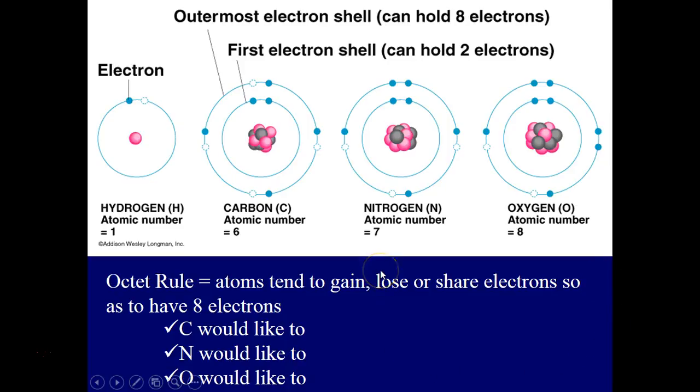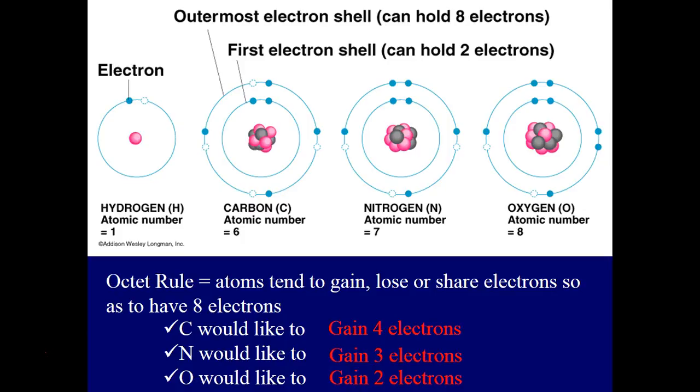So the octet rule, if you remember back to the octet rule, this says that atoms tend to gain or lose or share electrons so that their valence shell has 8 electrons, which means carbon would like to gain 4 electrons. So those are represented here by these outlined electrons. Nitrogen would like to gain 3 electrons so that its outer shell is full. Oxygen would like to gain 2 electrons so that its outer shell is full.